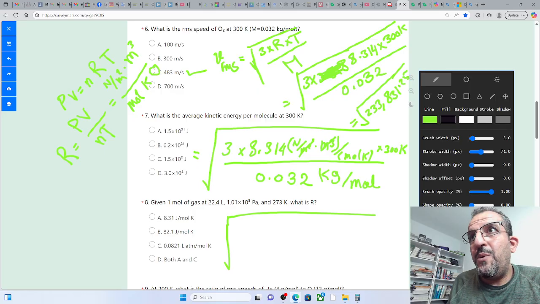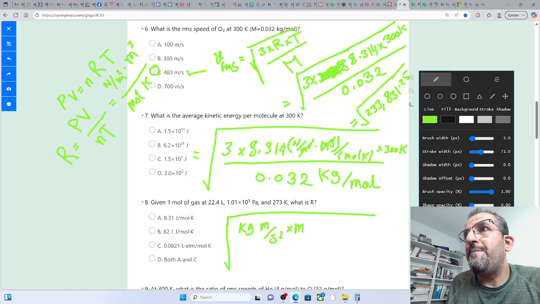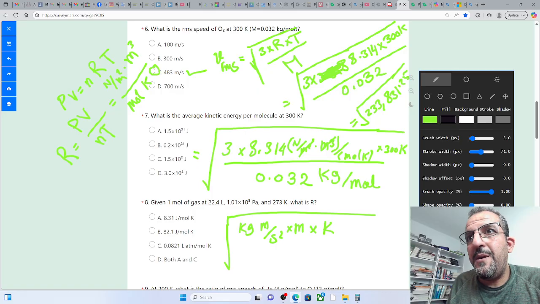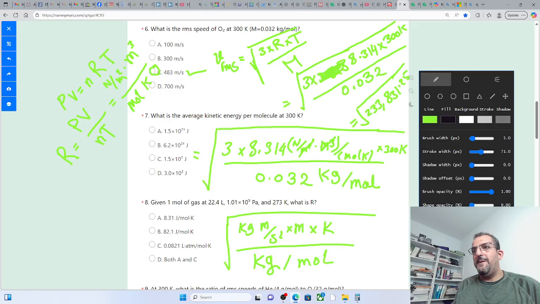So I will end up with Newton, which is kilogram meter per second squared times meter, and then times the temperature Kelvin, and then I divide the whole thing by kilogram per mole. Okay, so kilogram per mole.